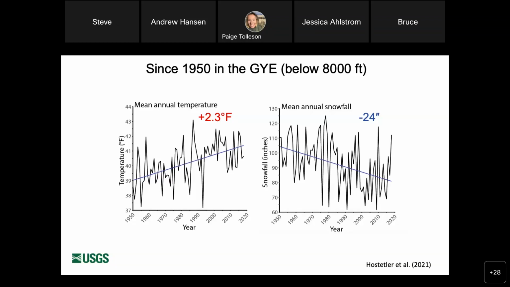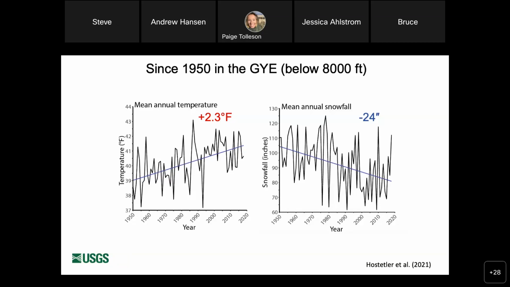The mean annual snowfall over that period has decreased by 24 inches. This is limited to 8,000 feet and below because we simply don't have the weather stations at higher elevations.